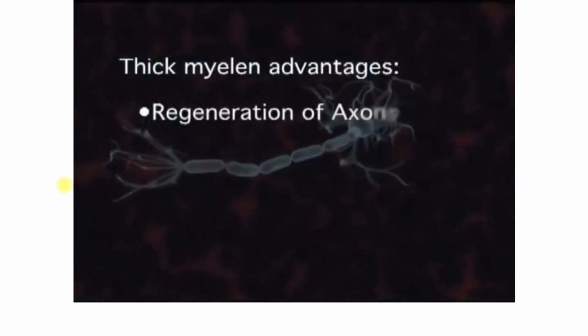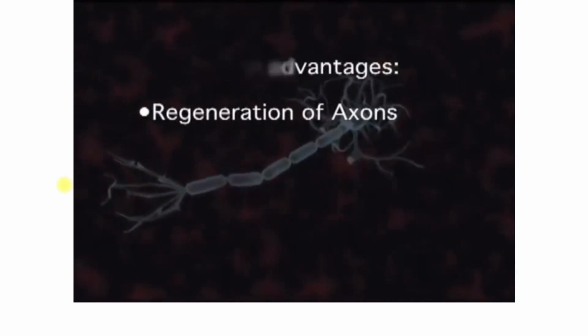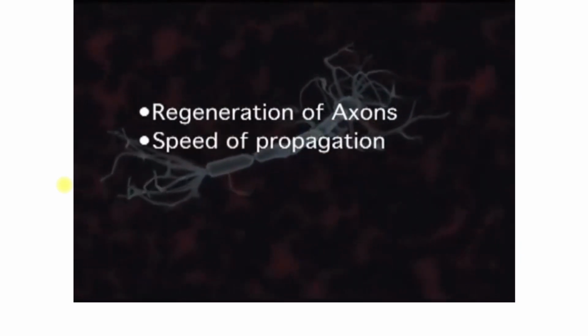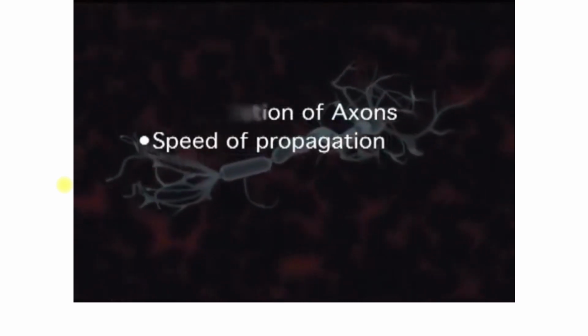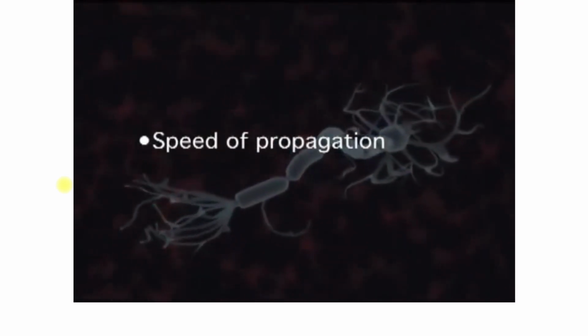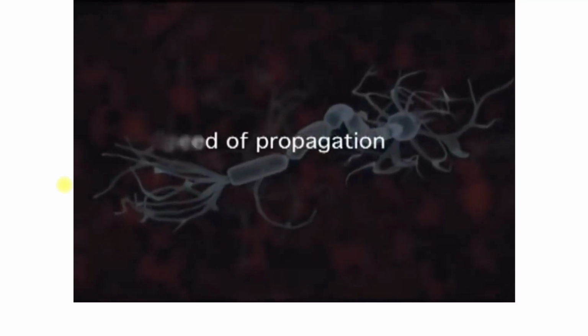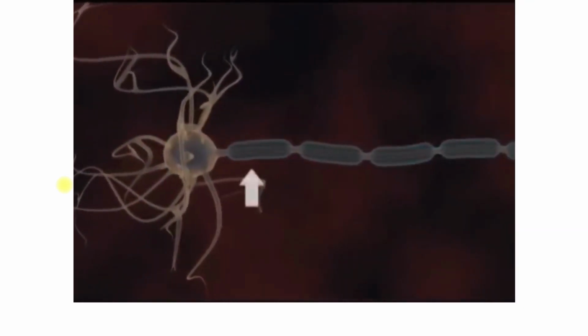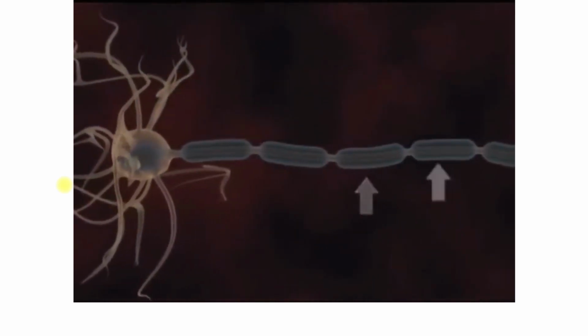One advantage is the regeneration of severed axons. Another advantage is an increase in the speed of the propagation of the action potential along the axon. The rest of this presentation will concentrate on the increased speed of action potentials down the length of the myelinated axon. Here is the neuron, and you can see the repeated Schwann cell membrane forming the myelin.